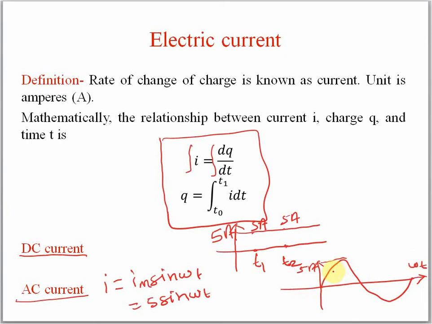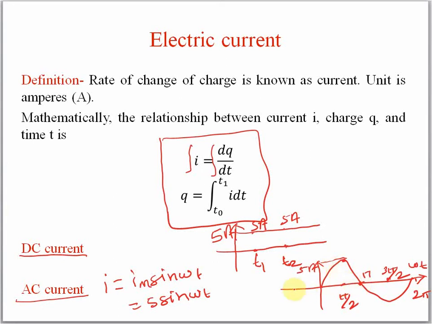If we talk about this point, it is pi by 2, this point is pi, this point is 3 pi by 2, and this point is 2 pi. We can see from the diagram that at t equals pi by 2 we have a magnitude of 5 ampere, and at t equals pi we have a magnitude of 0.